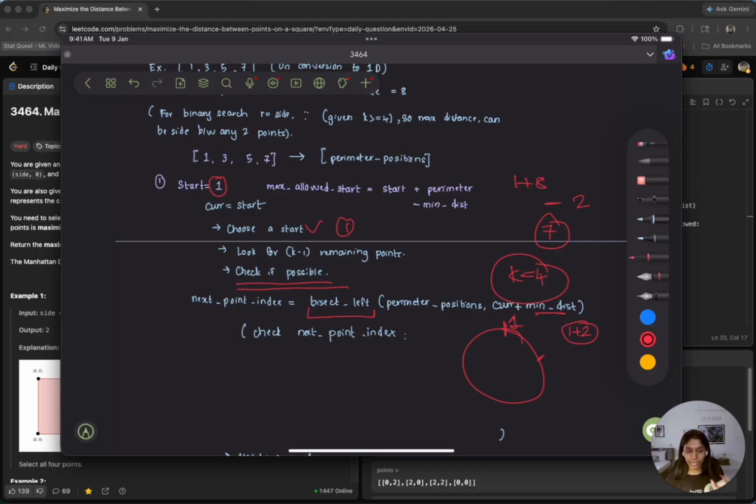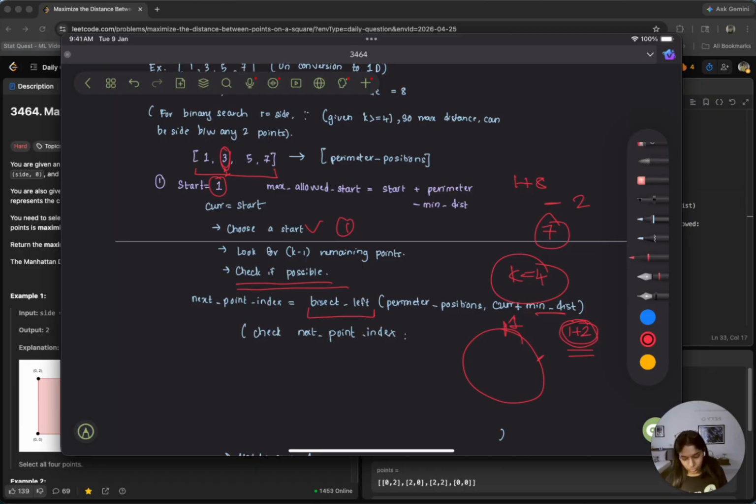Now there may or may not be a point at 3. That is why I take the bisect left instead of just doing a binary search on it. So I look for that value on the number line, and the bisect left, which is our lower bound, is going to give me the index 1, which is for the value 3.